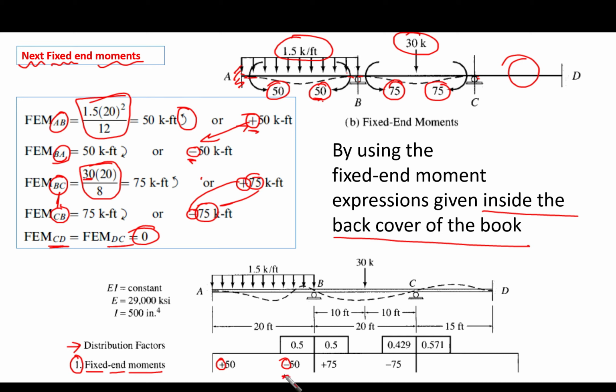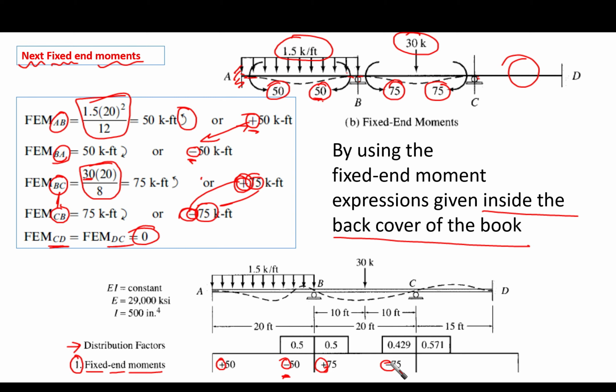Similarly 75 and minus 75 here. This is plus, this is negative. And here, there is nothing, no fixed end moments, 0 here, for member CD. So this is the first step in our moment distribution table, putting the fixed end moments.